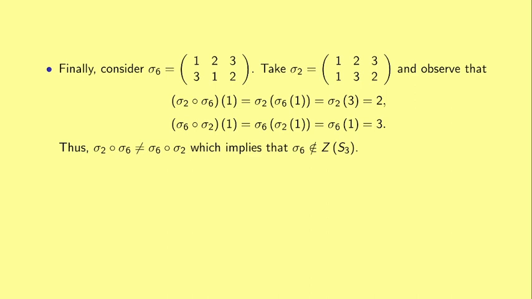So again, sigma 2 and sigma 6 do not commute. Then we can see that sigma 6 does not commute with every element in the group, so it cannot be in the center. So the only element in S3 which is in the center is sigma 1. So the center of S3 is the identity mapping.